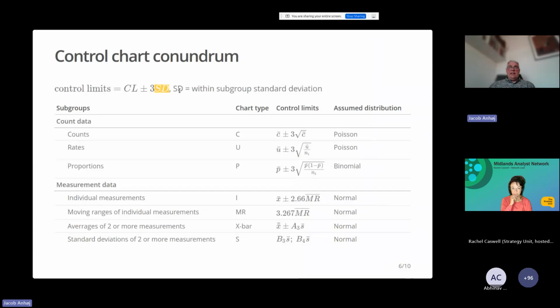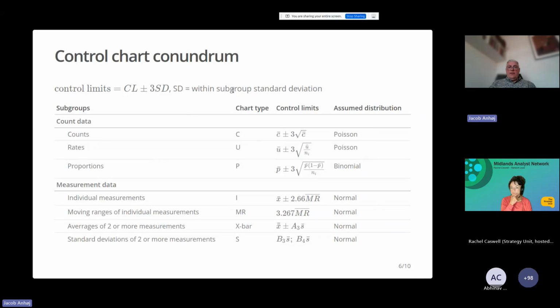And it's not the standard deviation of all the data points. It's the assumed standard deviation within subgroups, that is within each data point we use to calculate the control limits. And depending on the type of data, whether we have counts or rates or proportions or measurements, there are different formulas for calculating SD.